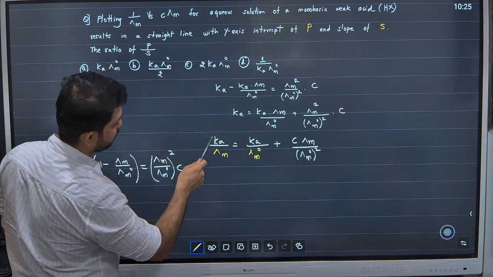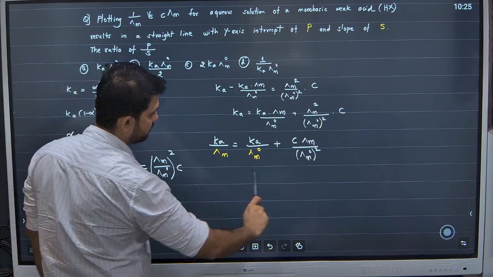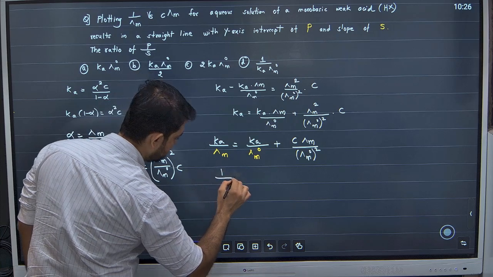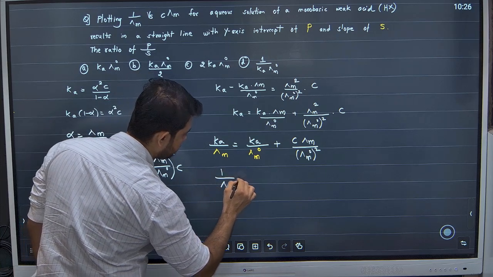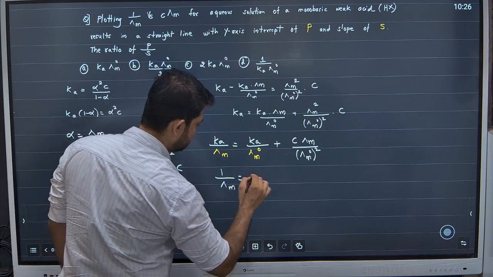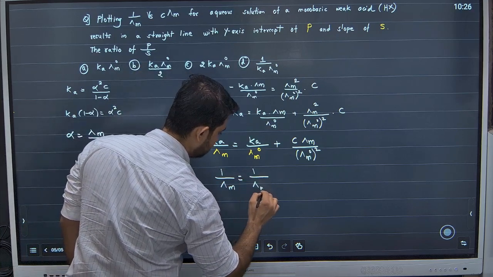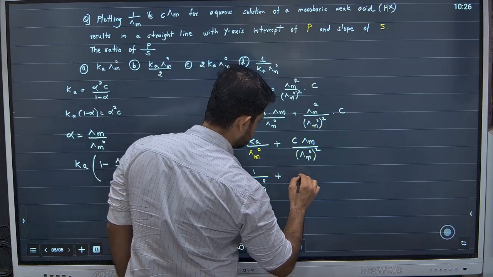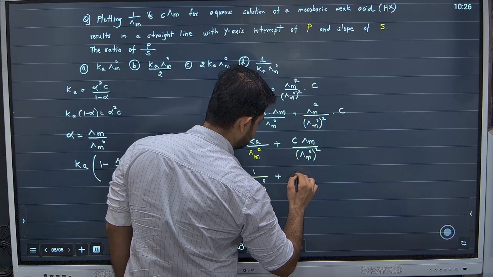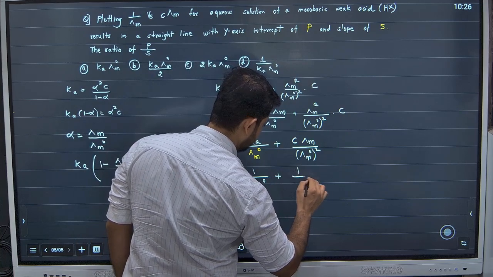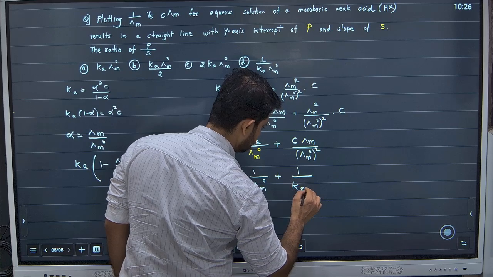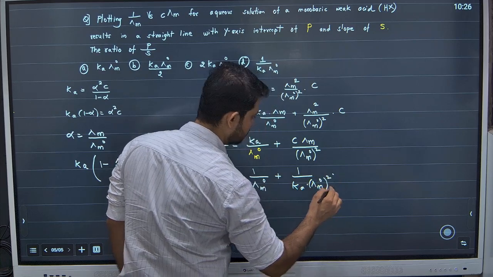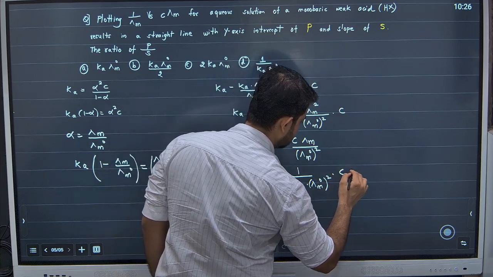I don't need Ka either, because I want to plot 1 by lambda m. So now I'll divide throughout by Ka, and we get 1 upon lambda m is equal to 1 upon lambda m naught plus C lambda m upon Ka lambda m naught square.